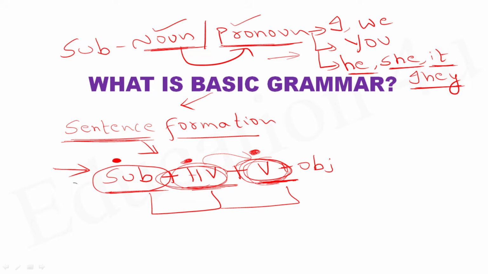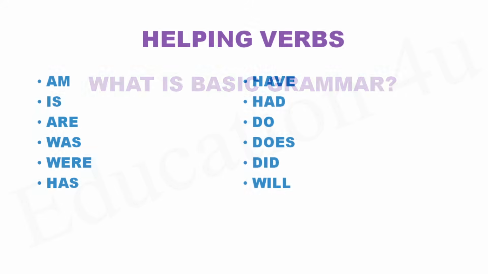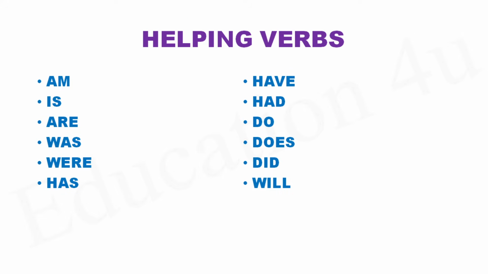In one way, helping verb and verb both are same. However, helping verb helps a verb. How? What are the helping verbs? Yes. Whatever you see on the screen now, these are known as helping verbs. In general, we always say there are 12 helping verbs.